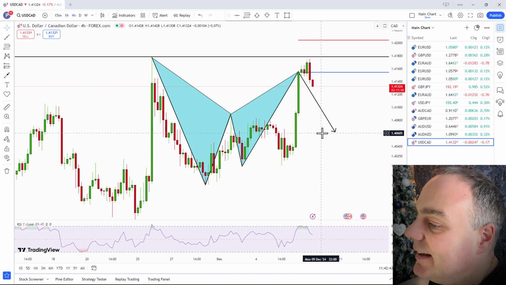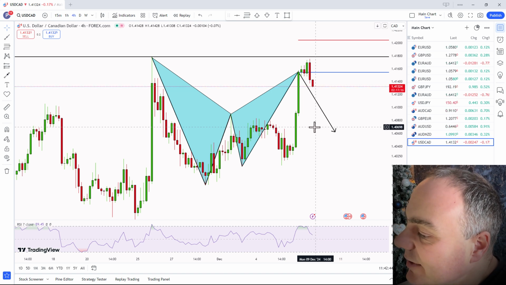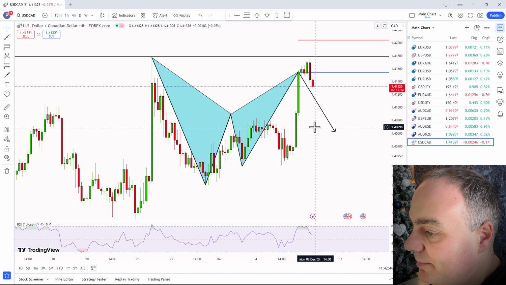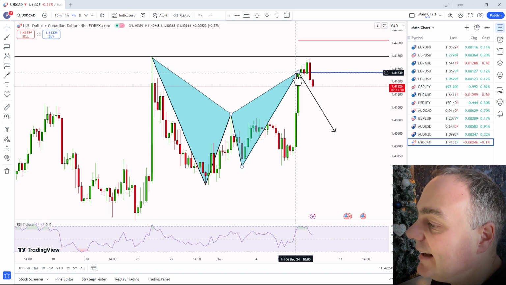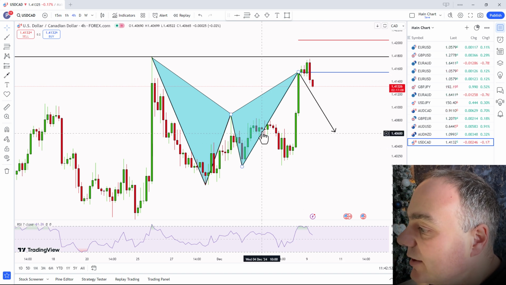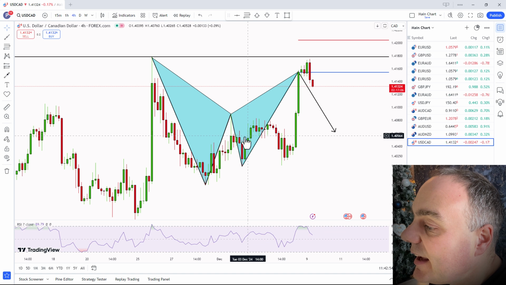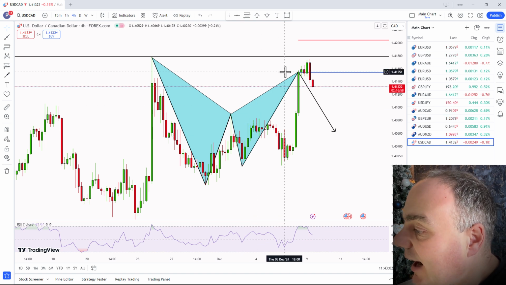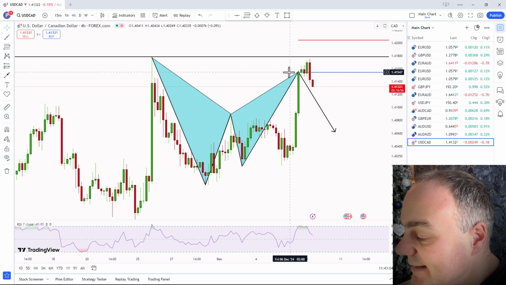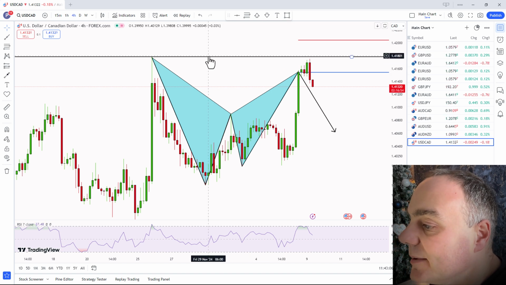What I'm getting at here is, rather than necessarily always trading patterns like the bat pattern aggressively, simply a sell order at the D completion point, we could perhaps look to see if bat patterns and other Fibonacci patterns have a higher positive expectancy where we see major support and resistance levels.